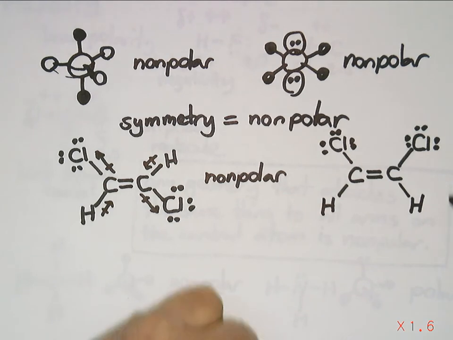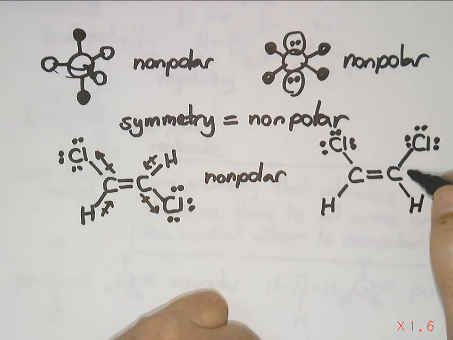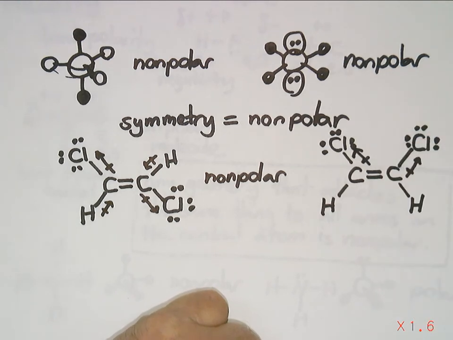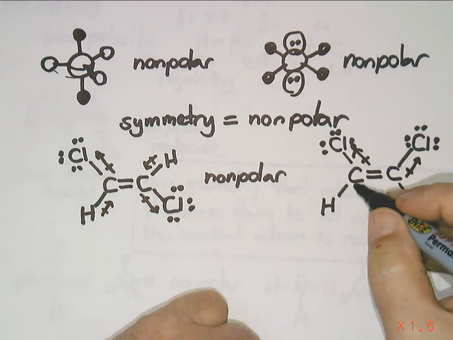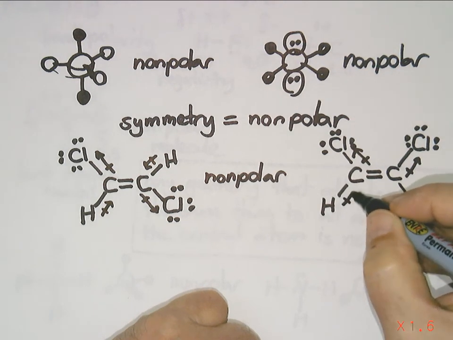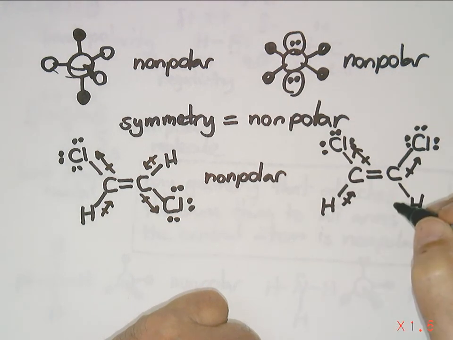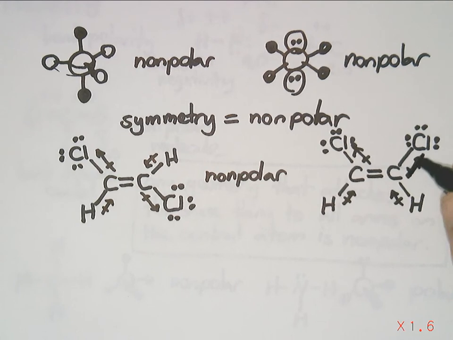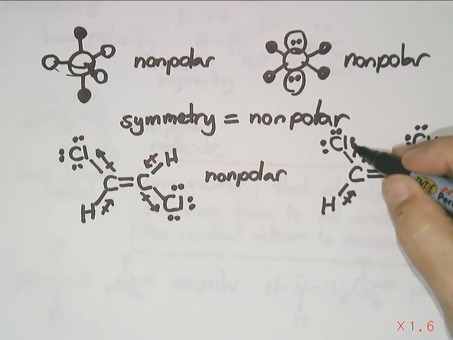Now let's draw the bond dipoles in. The chlorine is more electronegative, so it's going to be pulling up that way. This chlorine is going to be pulling up that way. And this hydrogen, the bond dipole is going to go like this. It's going to be very small. And this bond dipole is going to be very small. So we have a big bond dipole pulling up in that direction and a big one pulling up in that direction.